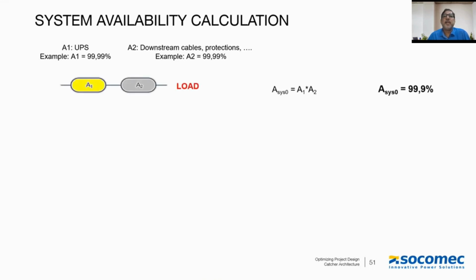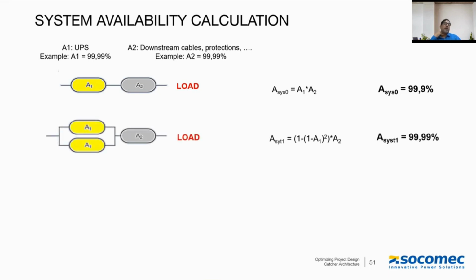Comparing again, a typical single UPS system is represented by A1 here, and downstream cables, protection and distribution are illustrated as A2. Typically for this arrangement, the availability factor is calculated at say 99.9%. This improves further if you look at a parallel system with similar downstream distribution cables and protections: the availability factor improves to say 99.99%.